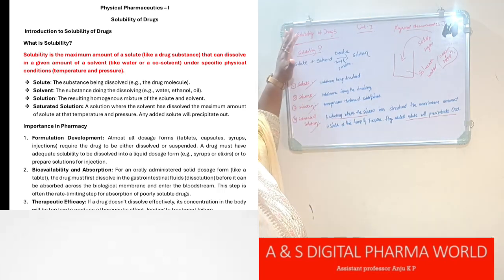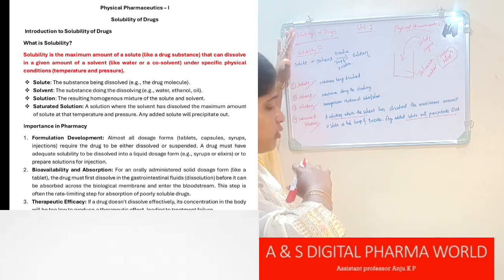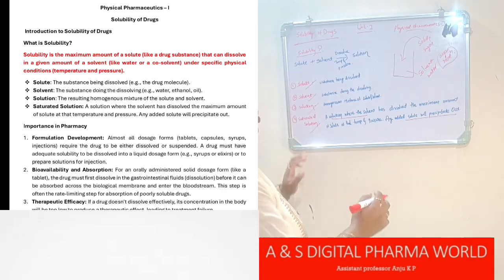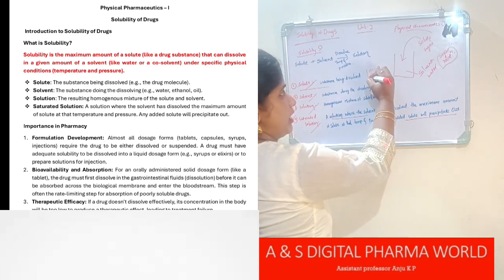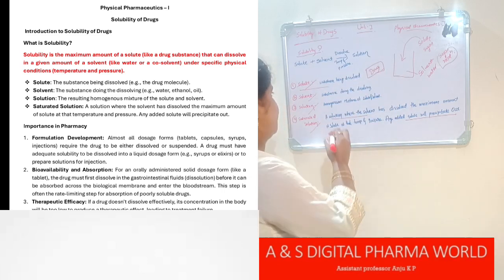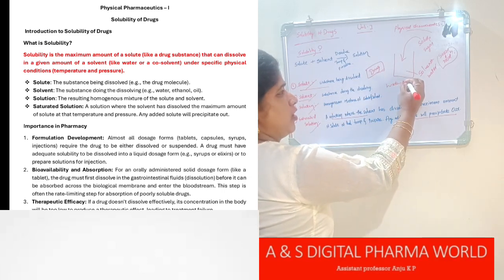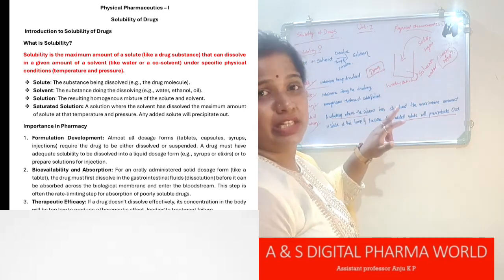I think you are clear about solute, solvent, solution, and saturated solution. The solute will basically be our drug, and the solvent may be water, alcohol, or anything we use to dissolve our drug.